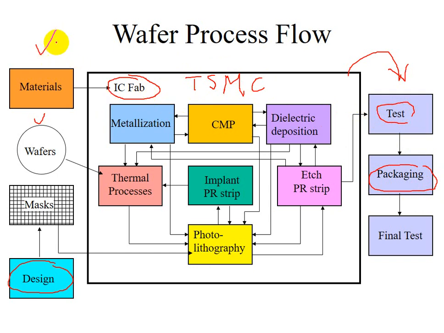When the raw material comes into the fab, TSMC performing hundreds of steps, including metallization, mechanical polishing, thin film deposition, etch process, ion implantation, thermal process including annealing, including diffusions, and also photolithography process.